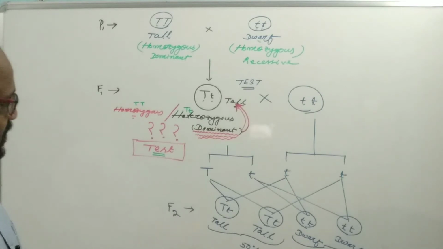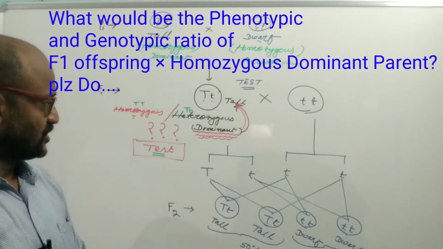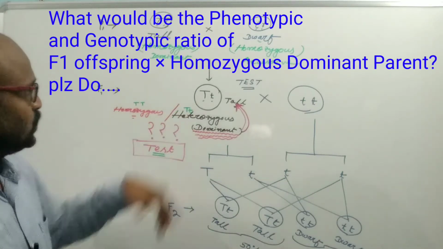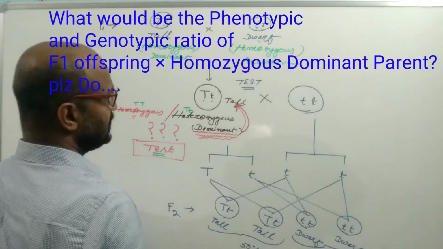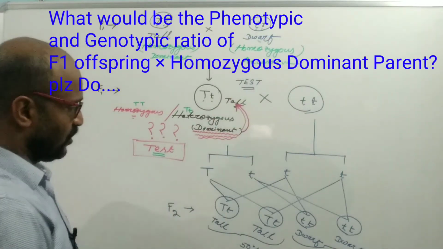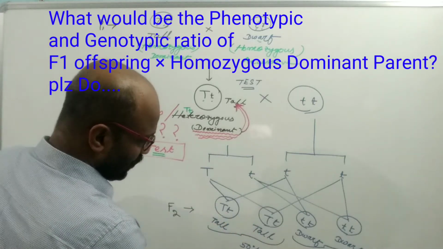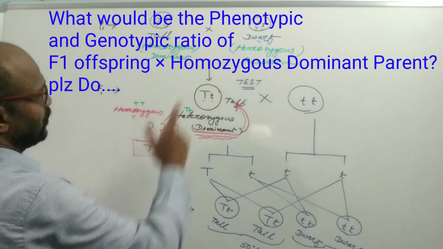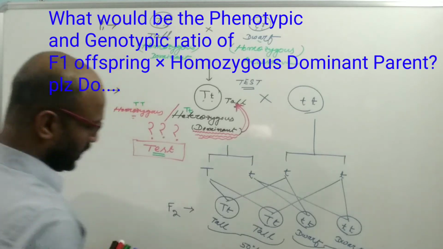In this test, known as the test cross, we cross the F1 offspring with the homozygous recessive parent. In a monohybrid cross, the ratio will be 1:1.